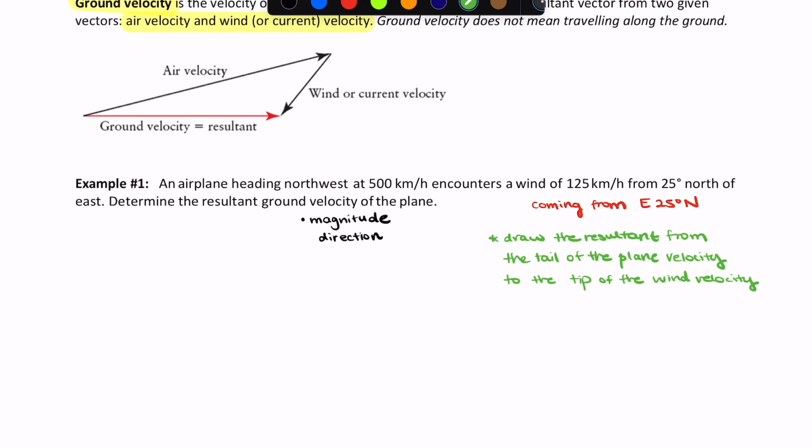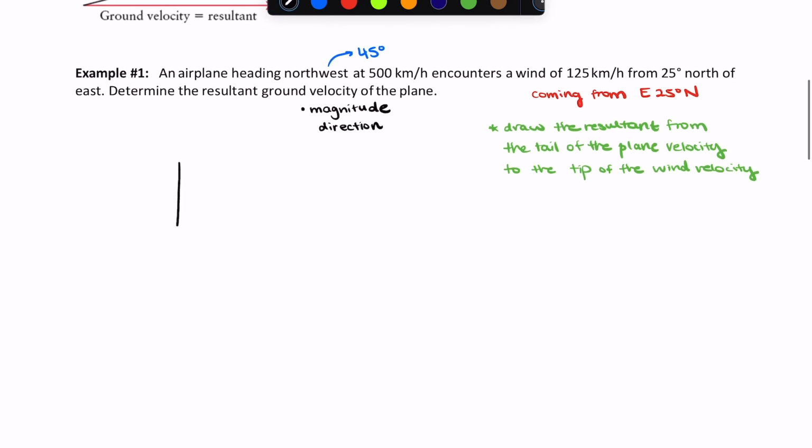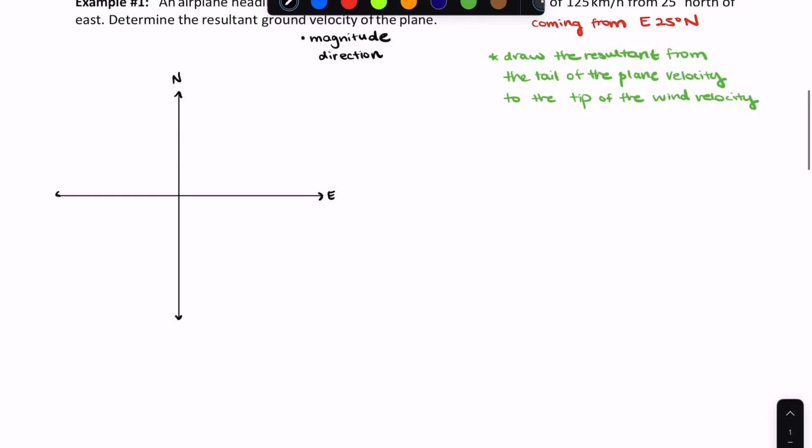If it's heading northwest, that means it's at 45 degrees. So if we draw our diagram, we'll label north, east, south, and west.